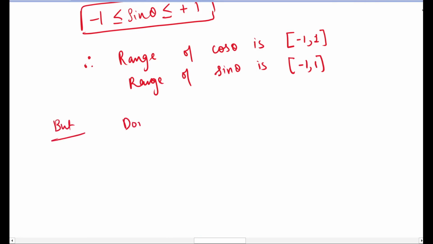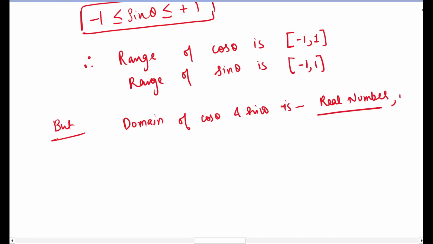The domain of cos theta and sine theta is the real numbers. Similarly, we can find the domain and range of the other trigonometric functions.